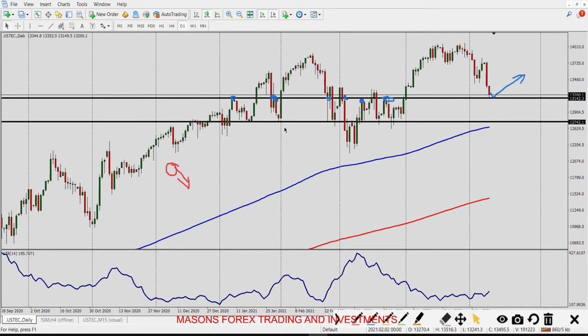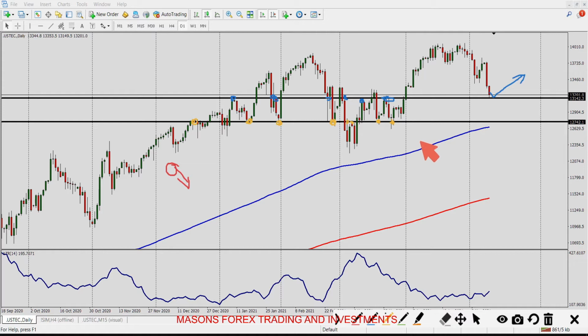And then if you place another line here, you'll see we have a few touches here, another touch here, another touch here, here, few touches here and there, another touch here, another touch here.